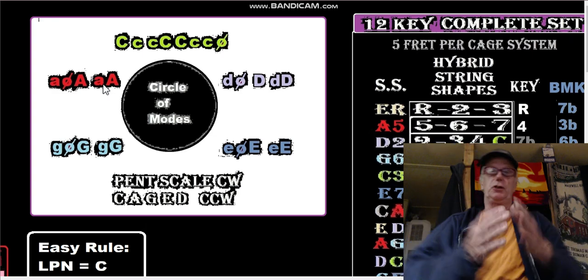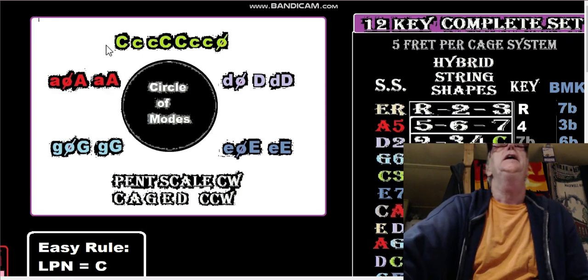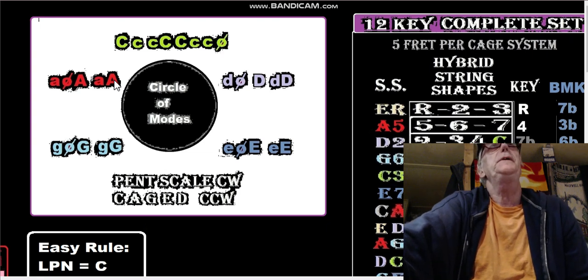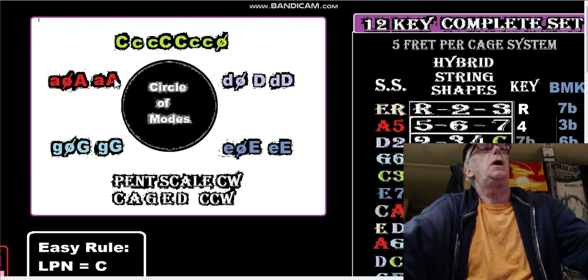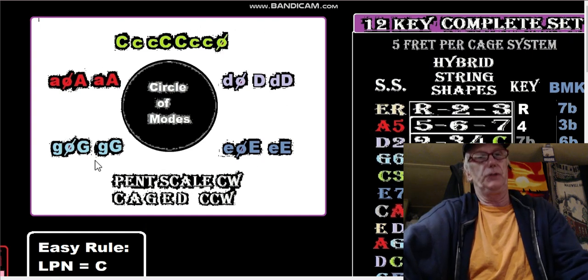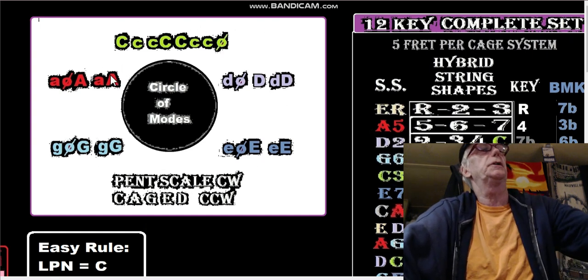Because you keep starting the word CAGED over again. Let's just do it pentatonic. So we're going to go A, C, D, E, G, A.